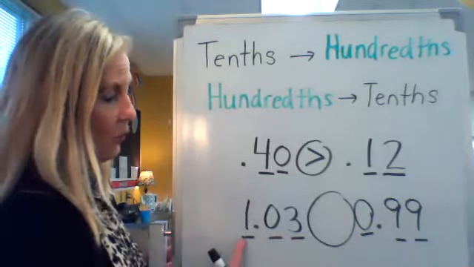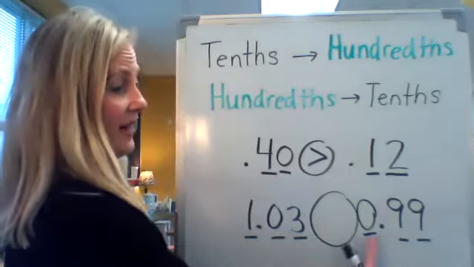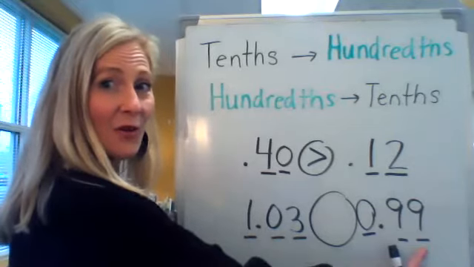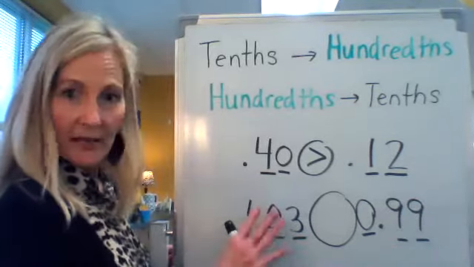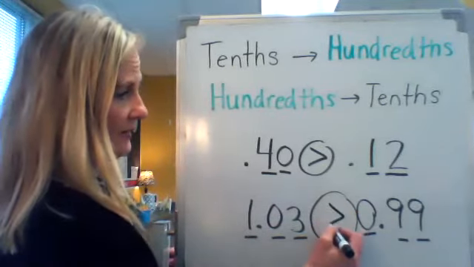And I can see that 1 whole and even just 3 hundredths is going to be more than having no wholes, even if it's 99 hundredths. It's not a whole. So you can't glance at them. You have to analyze them, and then you'll be perfectly fine.